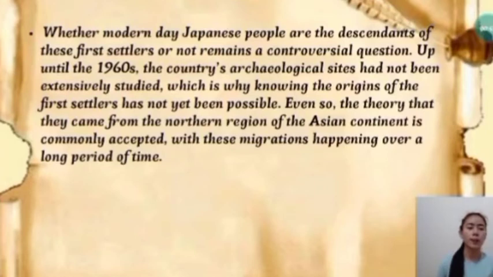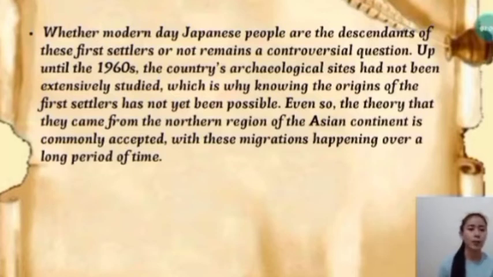Whether modern-day Japanese people are the descendants of these first settlers or not remains a controversial question. Up until the 1960s, the country's archaeological sites had not been extensively studied, which is why knowing the origins of the first settlers has not yet been possible.